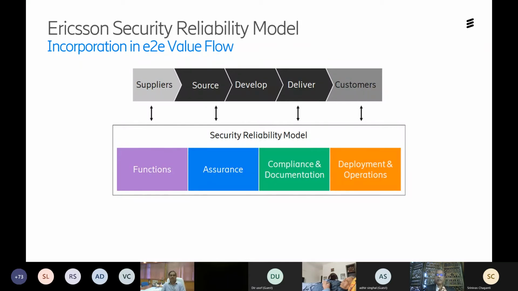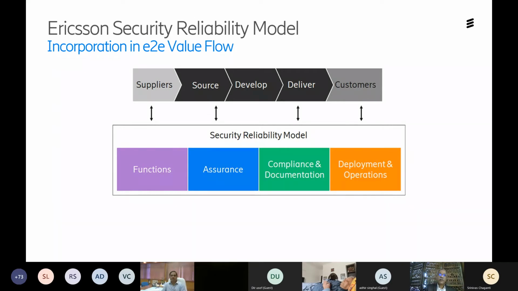So across all of them, we have our security reliability model, which is the foundation on which we implement end-to-end value guarantee. So there are functions, as you are able to see, there are the 4 boxes.